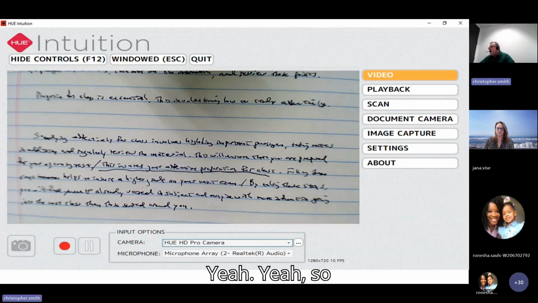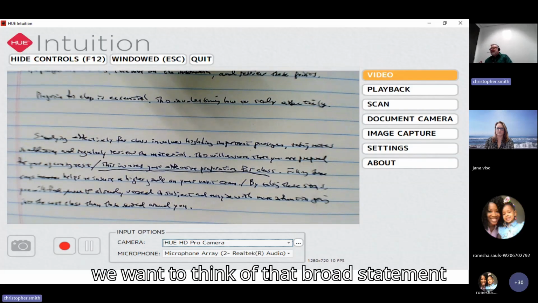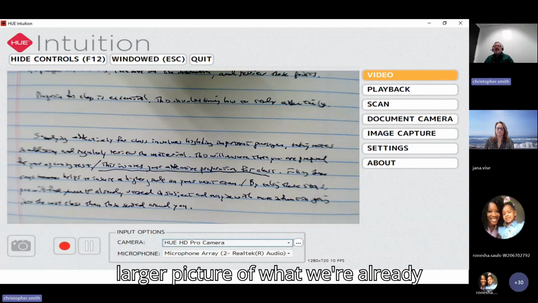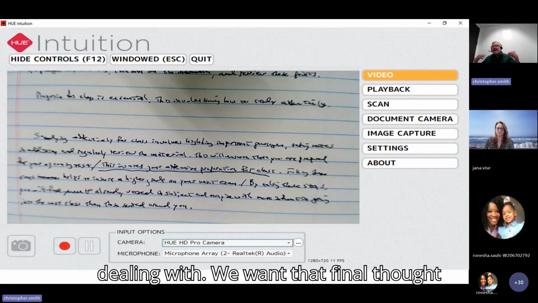Yeah. So we want to think of that broad statement. We begin the topic with the larger picture of what we're already dealing with.